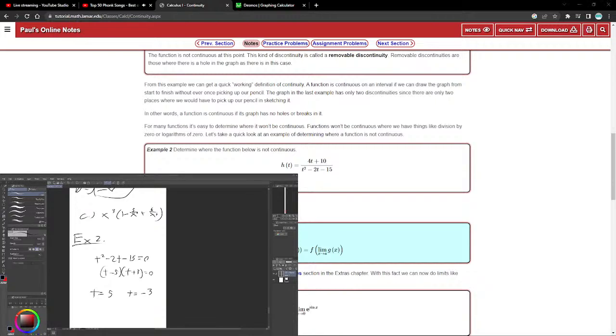Okay, so there's going to be an asymptote at t equals 5 and t equals negative 3. So that's where it's not continuous.